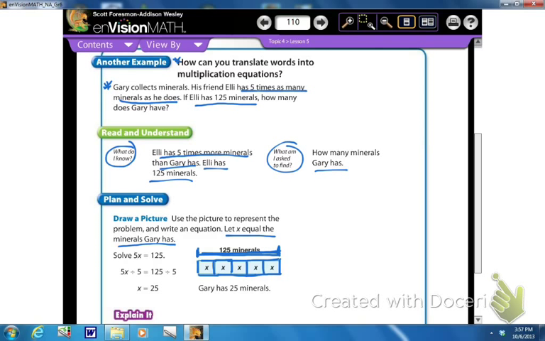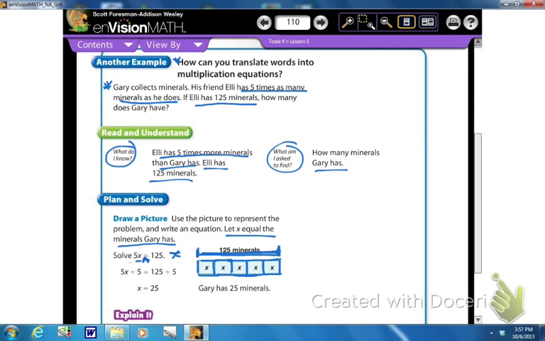So to write it as an equation over here on the left side, it would be 5x, or 5 times x, equals 125. So what do we need to do? You're always thinking, how can I get x alone if I'm multiplying 5 times x? Well, I have to do the opposite operation.